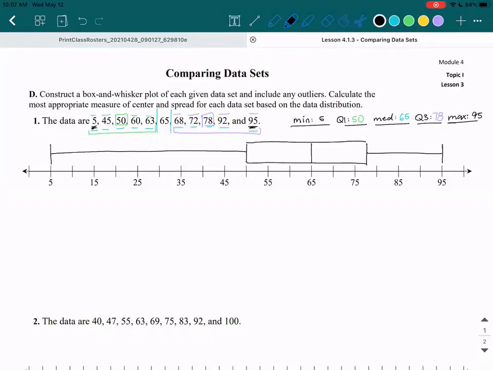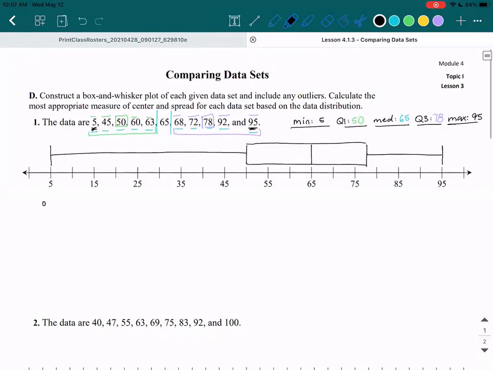So to figure out our outliers, we want to calculate our lower fence and our upper fence. I'm going to write that out over here. Okay, so to get the lower fence and upper fence, let me write out their formulas. Hopefully they look familiar to you because we've done them before.